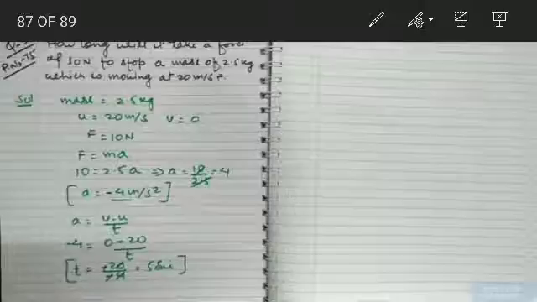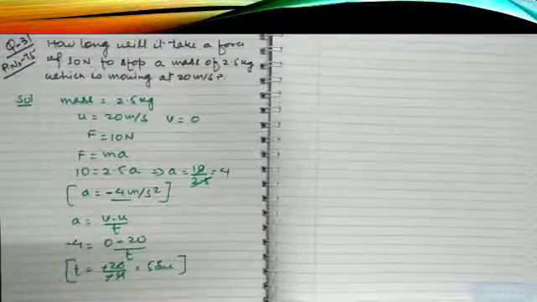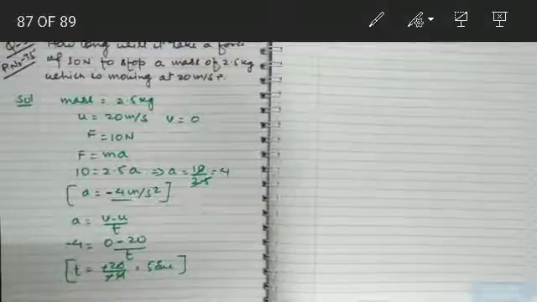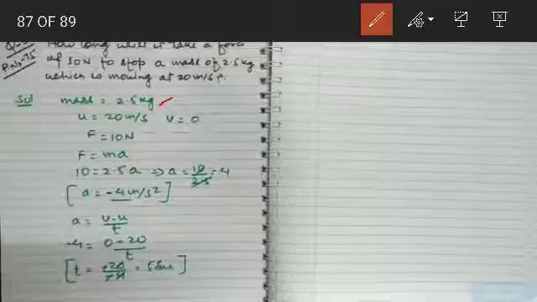Next one is, how long will it take a force of 10 newtons to stop a mass of 2.5 kilograms which is moving at 20 meter per second. So here mass is given, initial velocity is given and the body is to be stopped. So final velocity will be 0.